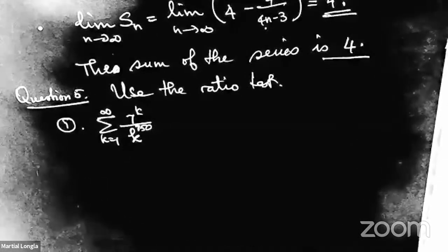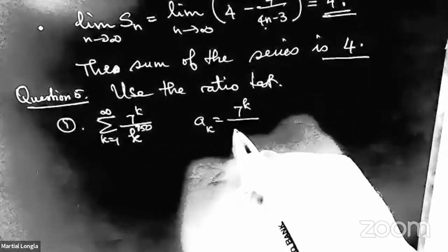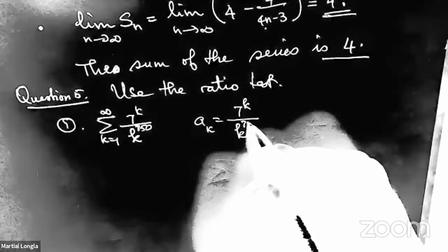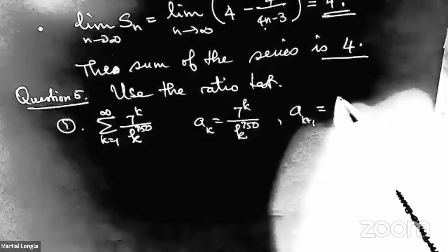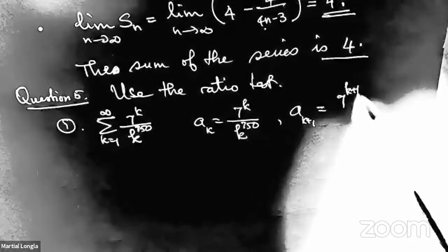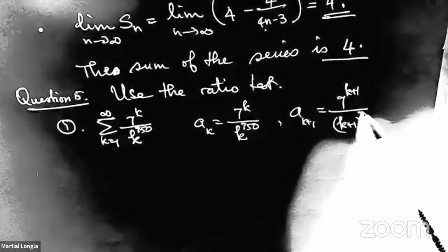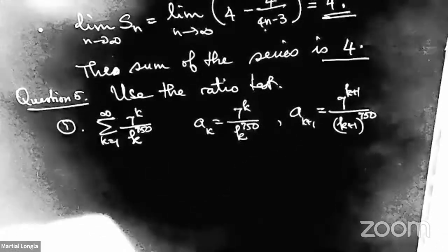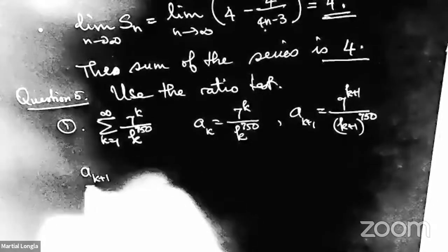So you got ak is 7 to the k over k to the 750. And then you write ak plus 1. That's 7 to the power k plus 1 over k plus 1 to the power 750. And then you do ak plus 1 over ak.